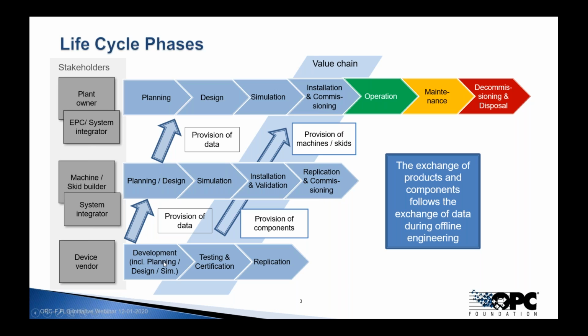And this is exactly where engineers share data about their components before the components get delivered to the site, so that the receiver can already start planning and designing the machine and does not have to wait until the hardware is coming. And this is exactly the area where we started working, and we had a closer look at what kind of data is shared between engineers during their design process.